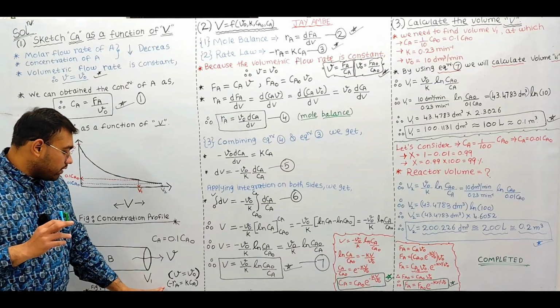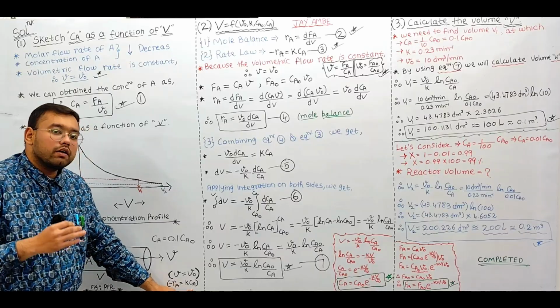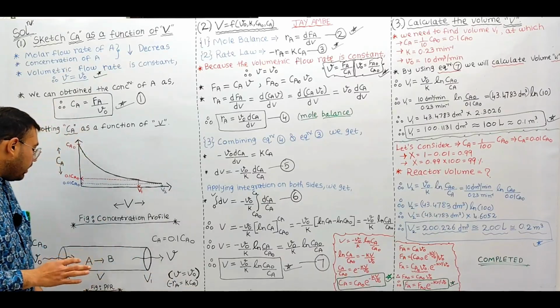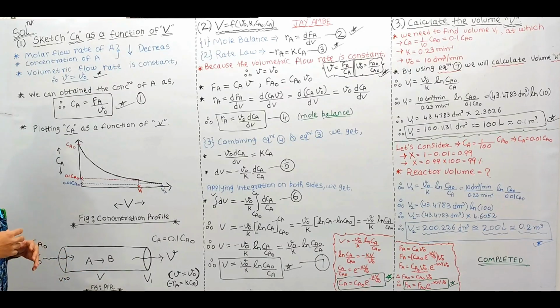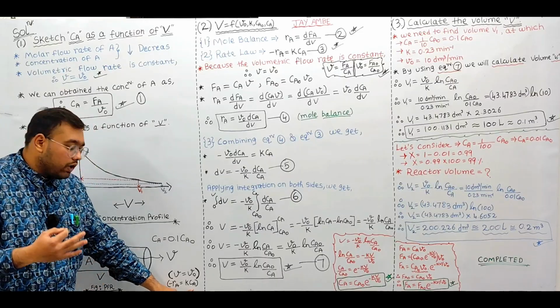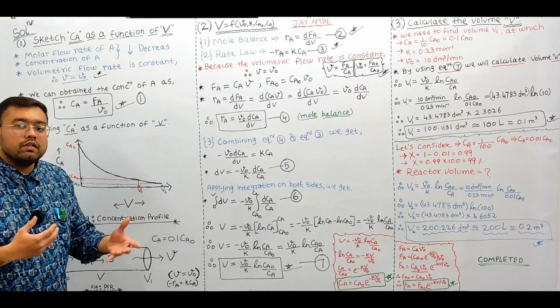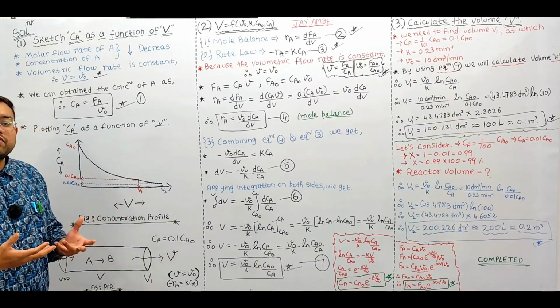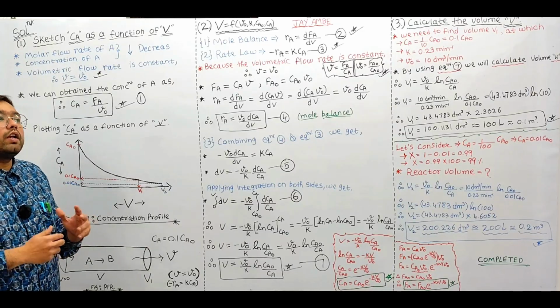Due to the first order reaction, the rate of the reaction is directly proportional to the concentration of reactants. At the initial volume of the plug flow reactor, we have a higher concentration of reactants, so we'll have higher rates of reaction, which means more reactant molecules will get converted into the new product.